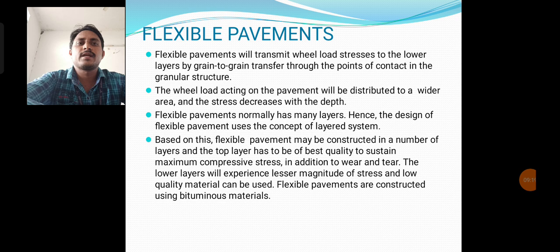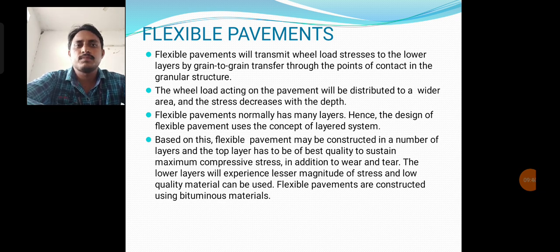Flexible pavement normally has many layers; we already discussed that we have four layers. Design of flexible pavement uses the concept of a layered system. In a layered system, the flexible pavement is constructed in a number of layers, and the top layer is of the best quality, that is the surface layer.